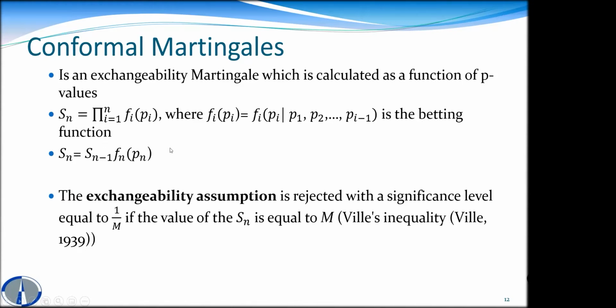Also, it can be written in this recursive way. As before, the exchangeability assumption is rejected at significance level 1 over m if the value of Sn is equal to m. This is according to Ville's inequality.